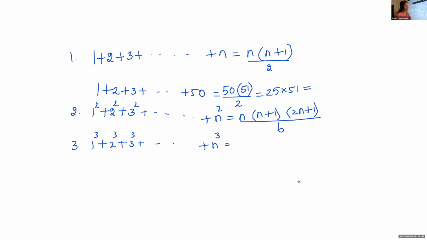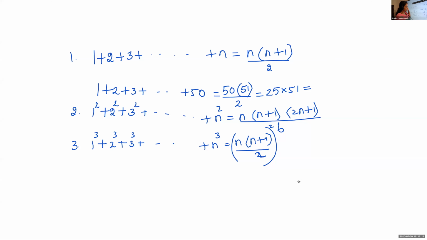Sum of cubes of first n natural numbers is n into n plus 1 by 2, the whole square. Just go through this formula.